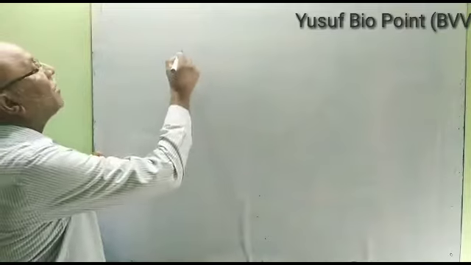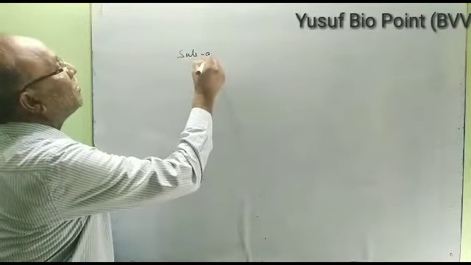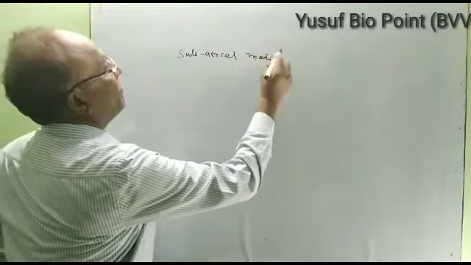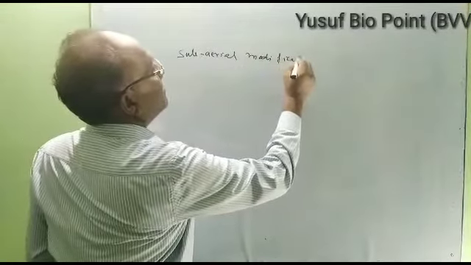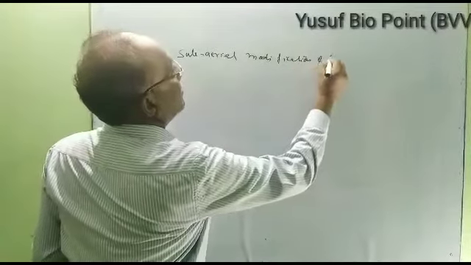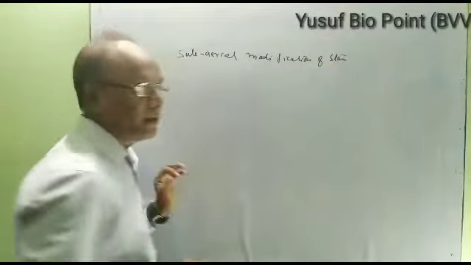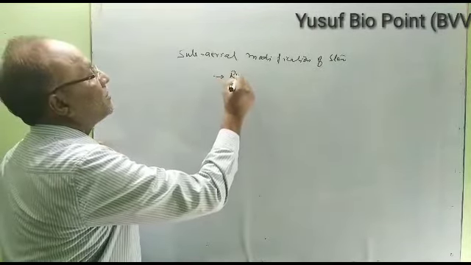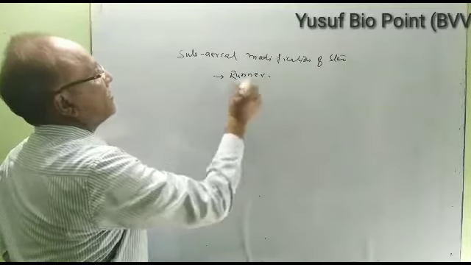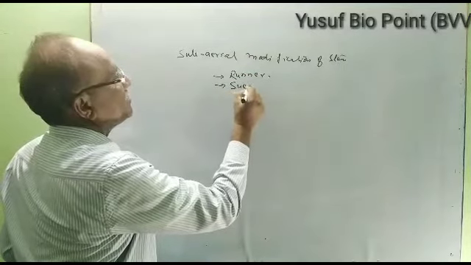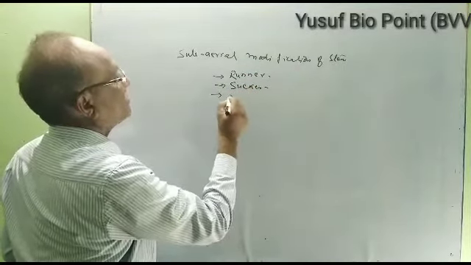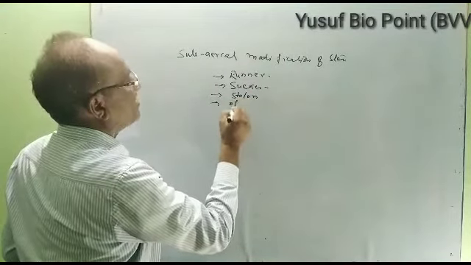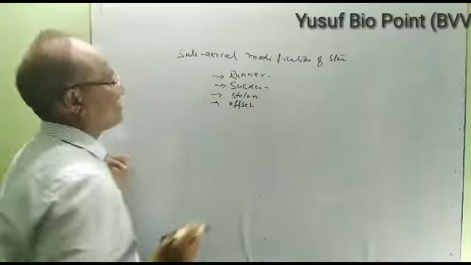The subaerial modification of a stem is also of the following types: runner, sucker, stolon, offsets.